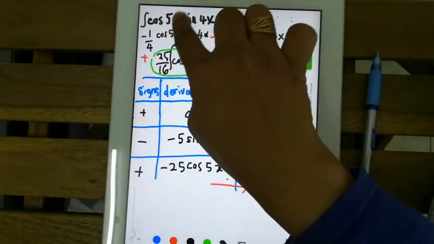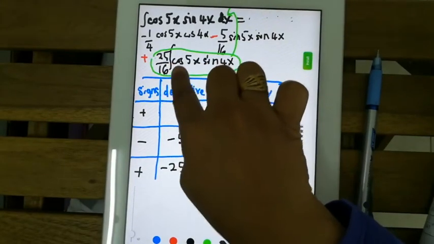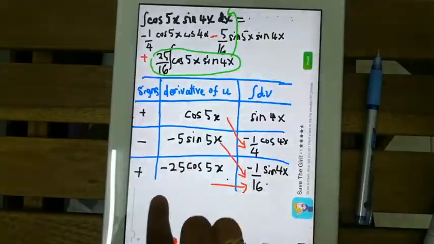So the integral of cos 5x sine 4x dx minus 25 over 16 cos 5x sine 4x, let me write down, the integral of cos 5x sine 4x dx. So we bring the 25/16 integral of cos 5x sine 4x dx to the left side.